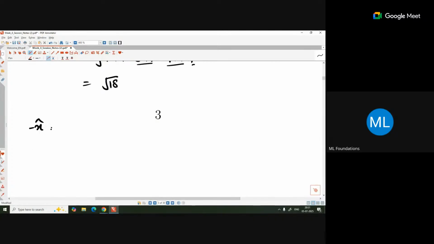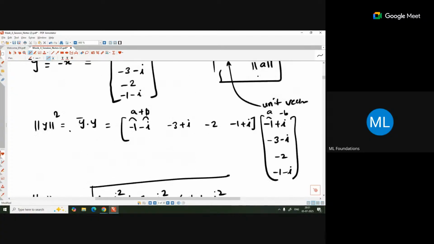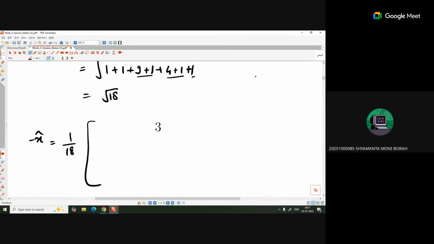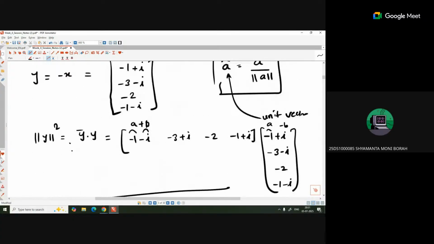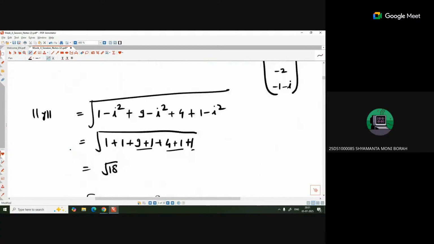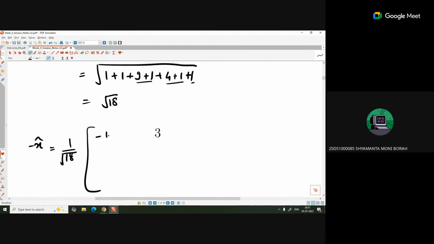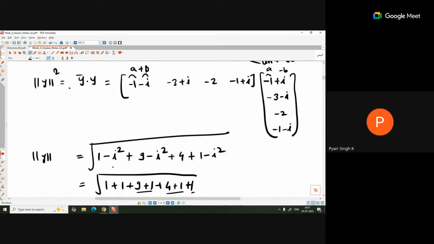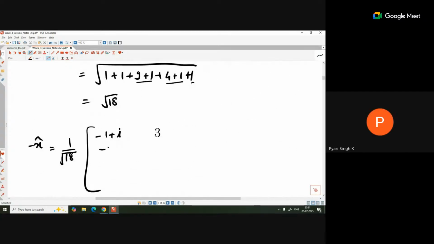So the unit vector of minus x is 1 upon root 18 into this vector. It will be minus 1 plus i, minus 3 minus i, minus 2, and minus 1 minus i.